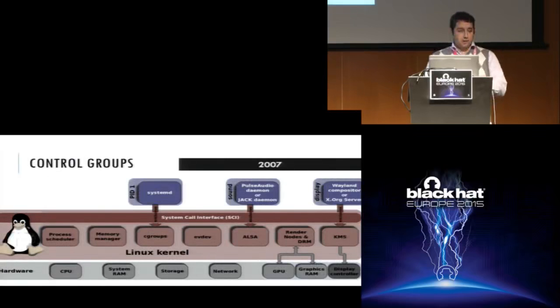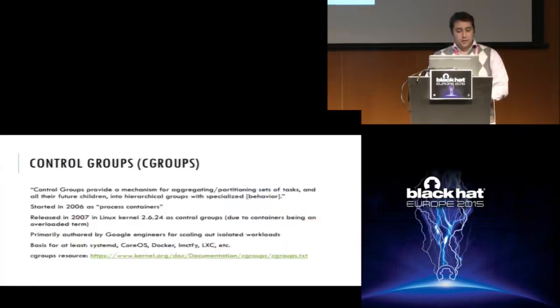To get to the next kind of precursor technology, you have to fast forward quite a lot, actually. So going from 1979, it jumps to 2007 with the introduction of C groups. So C groups API interface in the kernel. Largely implemented by Google engineers, and what was kind of interesting about that is what their aim was coming up with this idea of process containers.